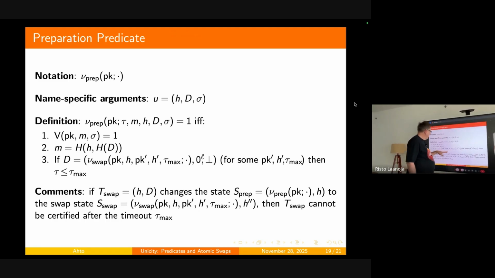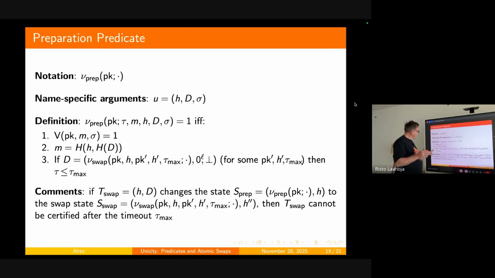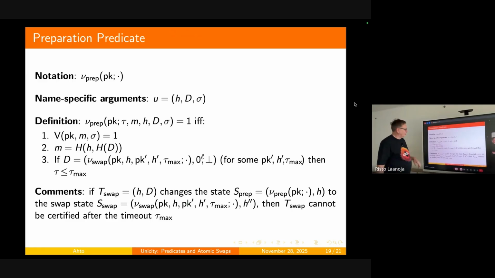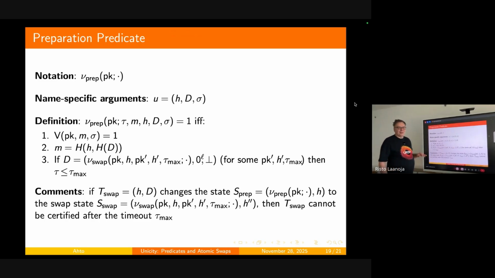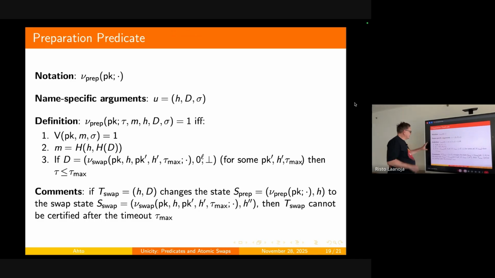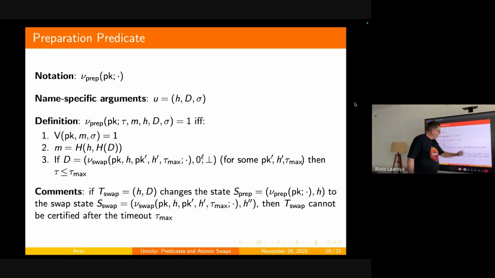Then this is only possible if the current time, tau, is the current time at the Unicity service, or if it's verified at the Unicity service, it's just an argument of the predicate. It's the first standard argument. And this should not exceed this timeout, which is in the predicate, which is included in D. So this is all verified by the predicate.